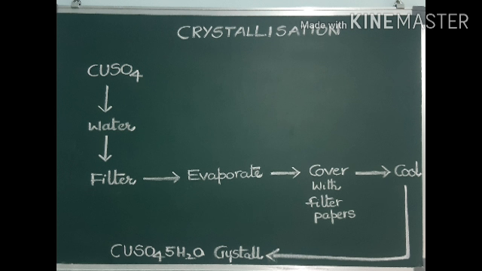Then the copper sulfate solution is converted into a saturated solution. The saturated copper sulfate solution will be covered with filter paper and left at room temperature. Further, it will be cooled slowly, and finally copper sulfate crystals will be obtained.